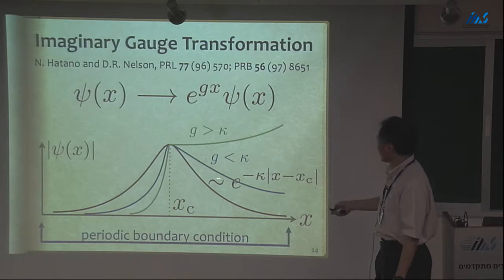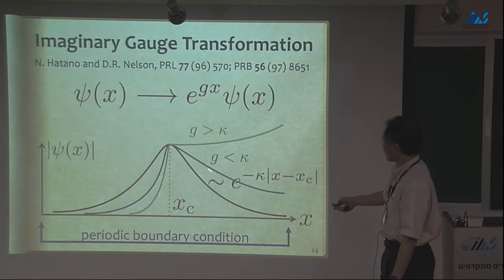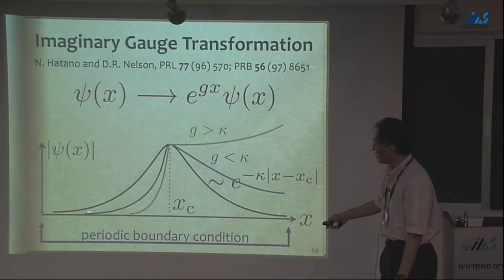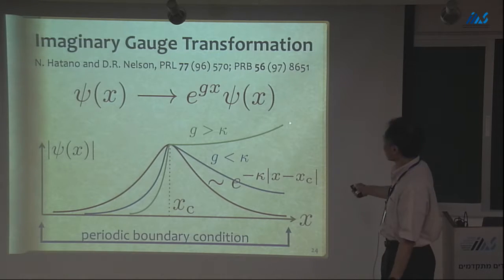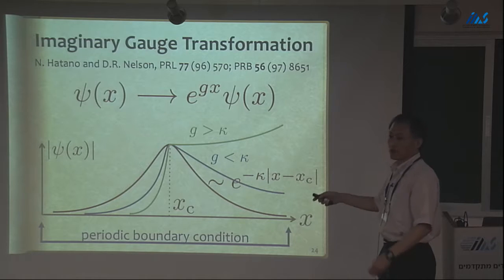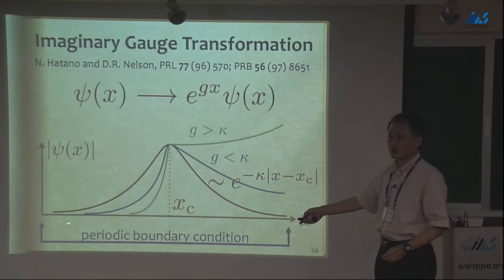So even for a finite system with a periodic boundary condition, in this range, the wave functions can still survive. While in this range, of course, we cannot survive because there is a huge mismatch here.